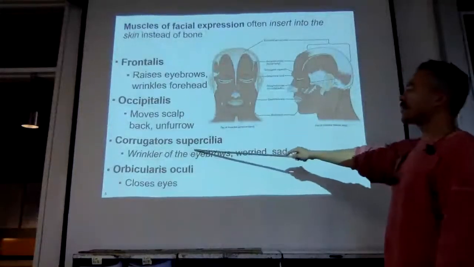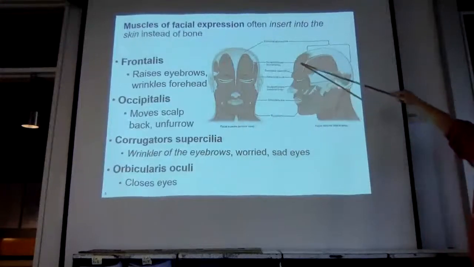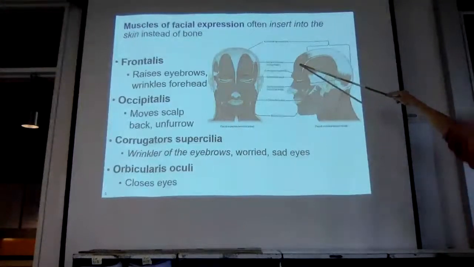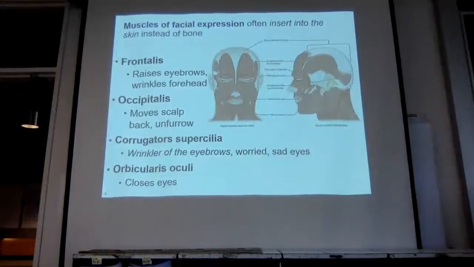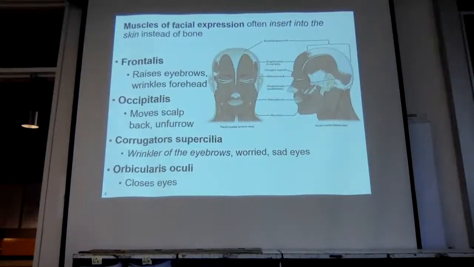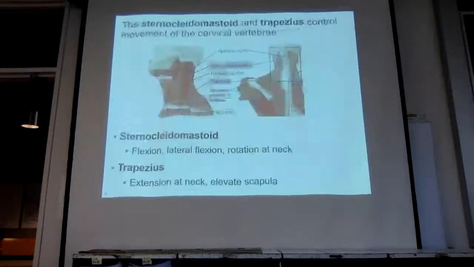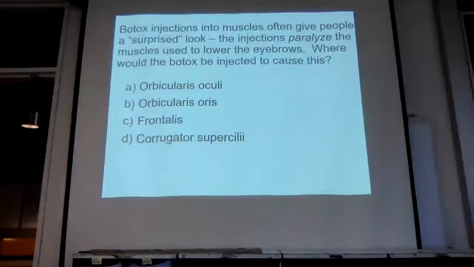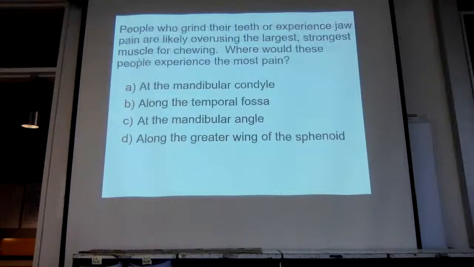The corrugator would do the opposite. By raising your eyebrow, the frontalis raises the eyebrows, corrugators is going to bring it back. Yeah, so D. Second question.